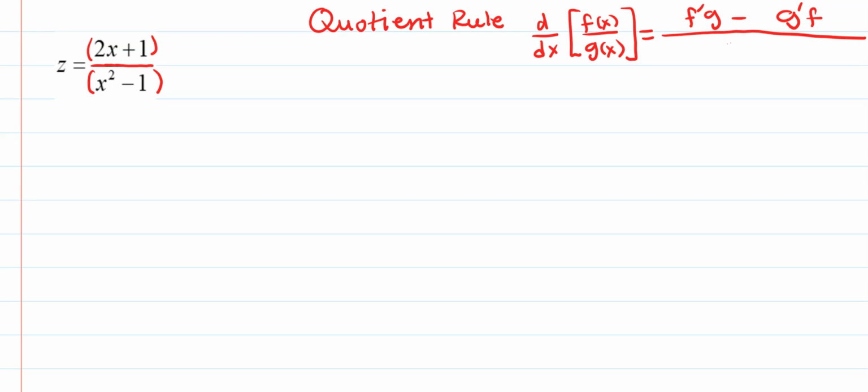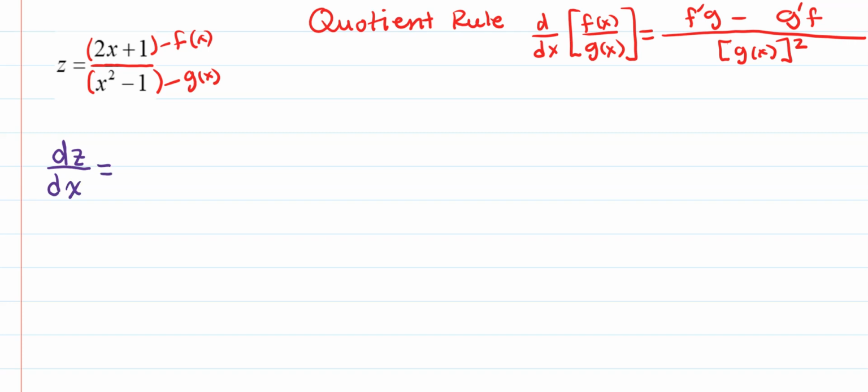And then on the denominator, you have g of x squared. Okay, so that is your quotient rule, with this being your f, and this is going to be your g of x.